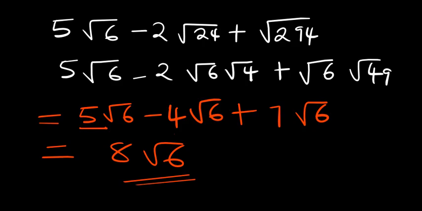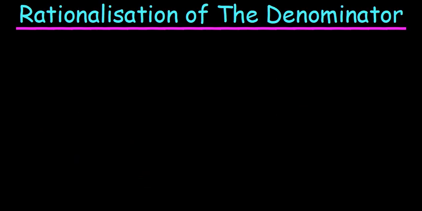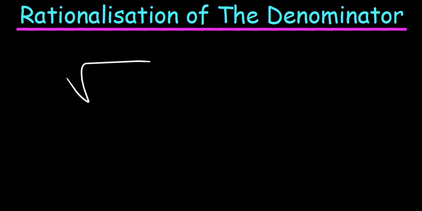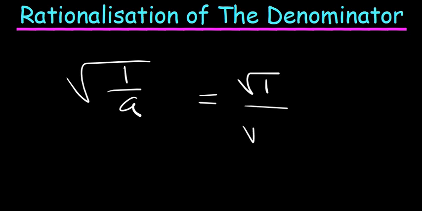Now you're supposed to know also how to rationalize the denominator of a surd. Okay, so if I've got a surd, let's say the square root of 1 over a. This can be simplified as we've said. You can put the root on top for the numerator, and you can put the root down for the denominator.